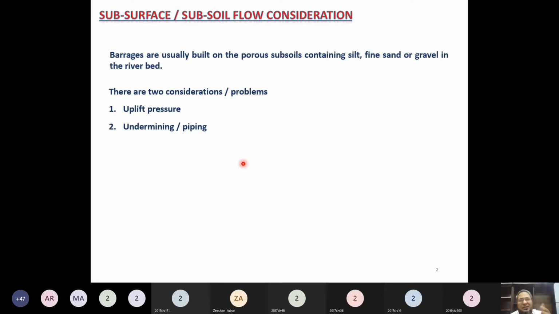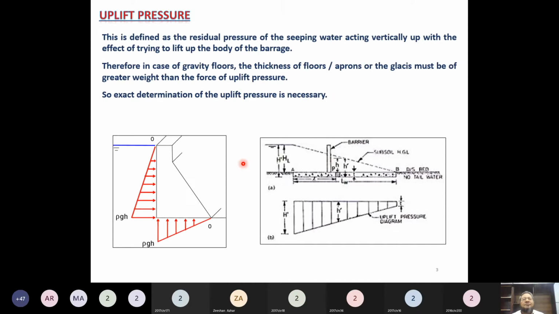The cavities will be generated, and then the whole soil mass can collapse, and the structure is resting over this soil mass, so it has to collapse, and this collapse usually starts from the downstream side.